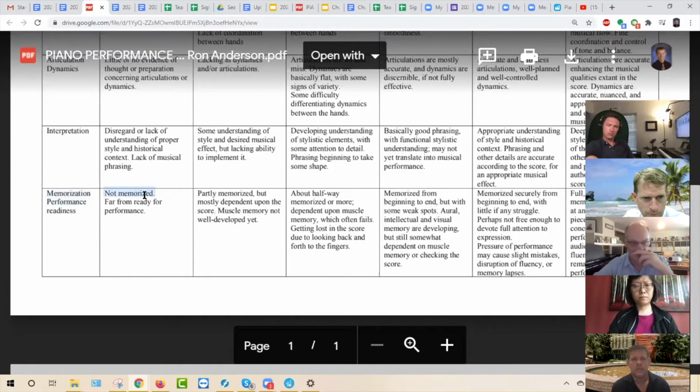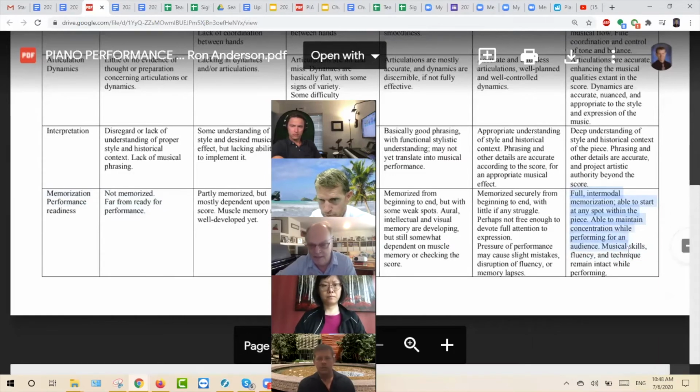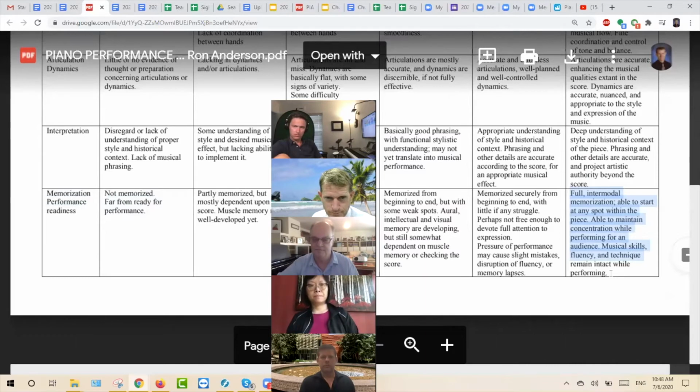Everybody begins not memorized, and everybody knows that they can't perform it yet. But by the time you get to the end of the process, it's not only that you can play the whole thing from memory, it's that under the pressure of being scrutinized, your musicality remains intact.